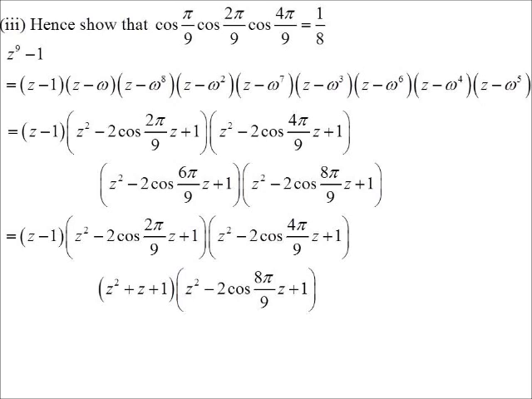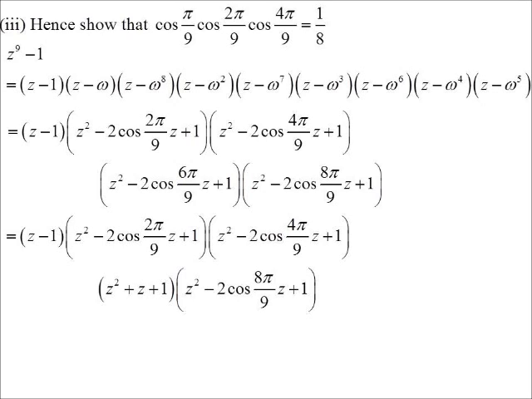Then the next one, 4 pi on 9. The next one, 6 pi on 9. And the next one, 8 pi on 9. So I've got cis 2 pi on 9 times cis the conjugate. If I get them together, I'm going to get z squared minus twice the real part of cis 2 pi on 9, z, plus 1.